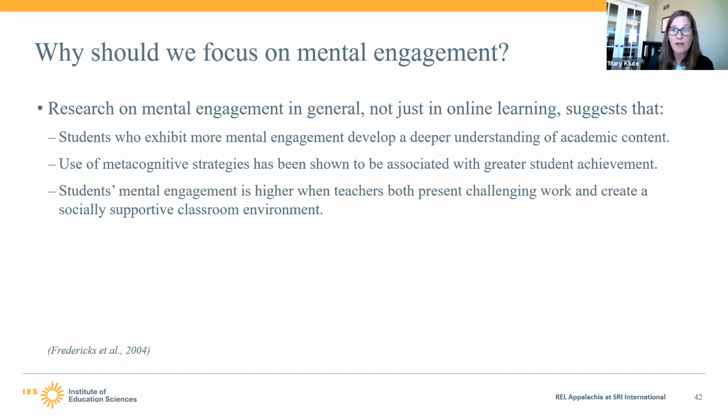An example of a metacognitive strategy might be monitoring how well you understand something, such as reviewing content that you didn't understand. In addition, some research suggests that students' mental engagement is higher when teachers both present challenging work and create a socially supportive classroom environment. This research suggests that when teachers focus only on academics, students might be more worried about making mistakes and disengage.